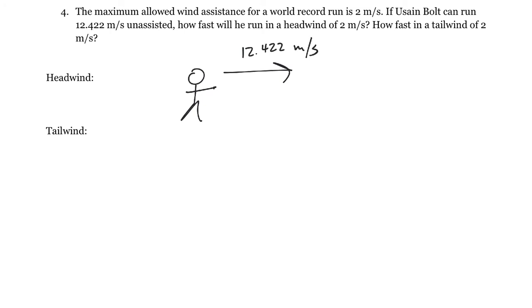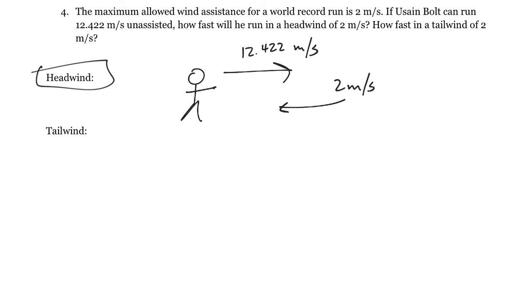And the wind, if it is a headwind, means it's coming at his head, or going the opposite direction that he is. He's running into it, okay? And it's going 2 meters per second. So essentially what happens here is he's trying to run into the wind, and the wind is pushing back against him, okay? So he's going to be running slower than what he would have.